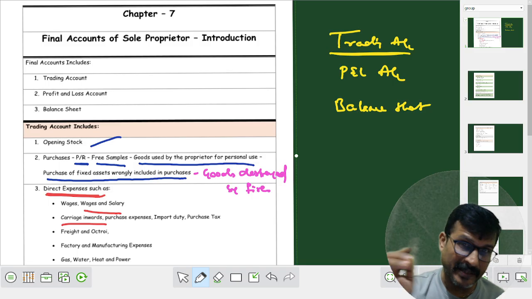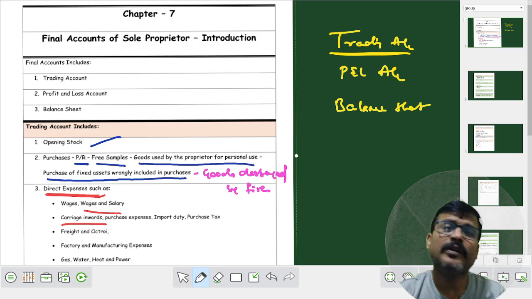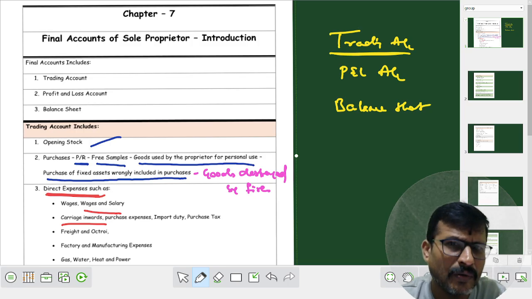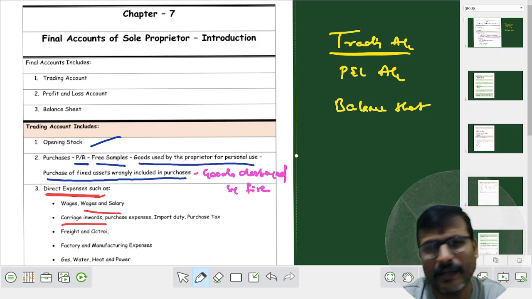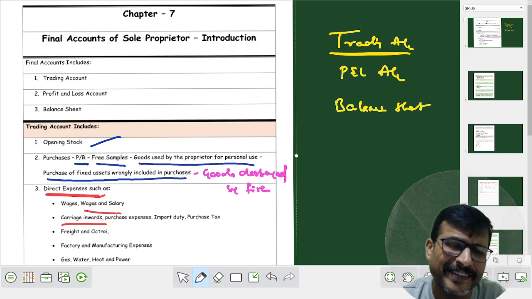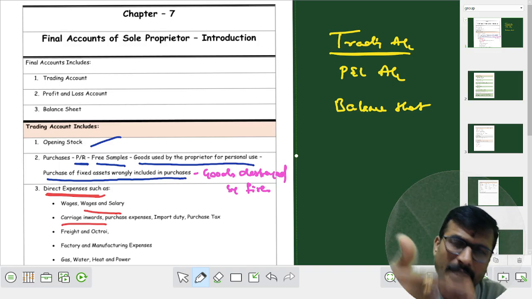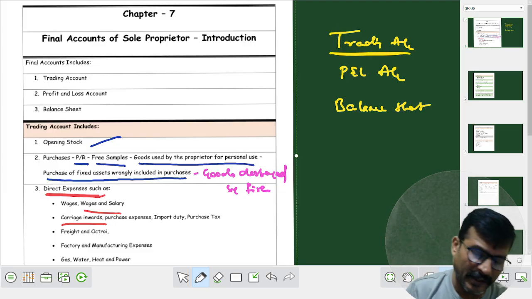I repeat, please remember, very often I tell you, my dear students, that to learn the final accounts chapter, we need to have the basic knowledge of whatever I am explaining right now. What are all the things covered in our direct expenses? Wages, carriage inwards called purchase expenses, import duty, purchase tax, freight and octroi.